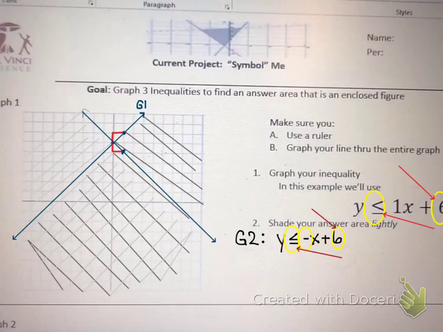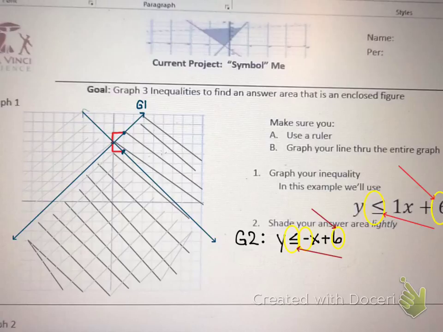Now we start to see that those two lines divide it up into 4 areas. One of the areas is what we call the answer area. That's where the shaded areas intersect. If that was a map with north, south, east, and west, the south part where there's a lot of shading would be our answer area.